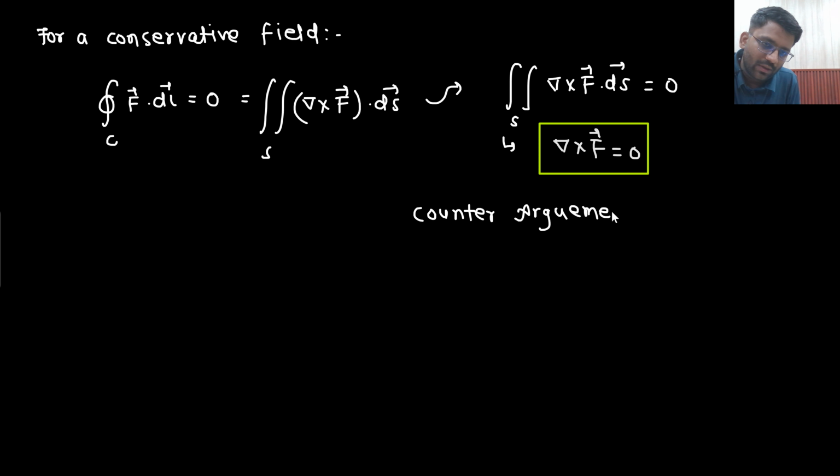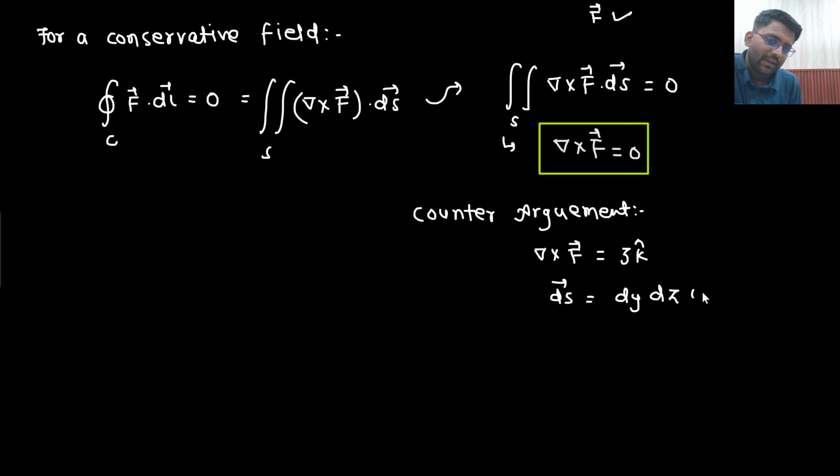This could be your doubt: sir, I know one thing, that del cross F dot ds should be equal to 0. What if there was some vector field F given to me, I calculated del cross F, and it came out to be 3k cap. And then I calculated the ds vector, which was nothing but dy dz i cap.